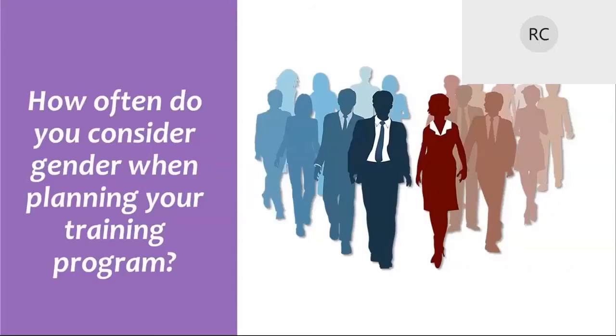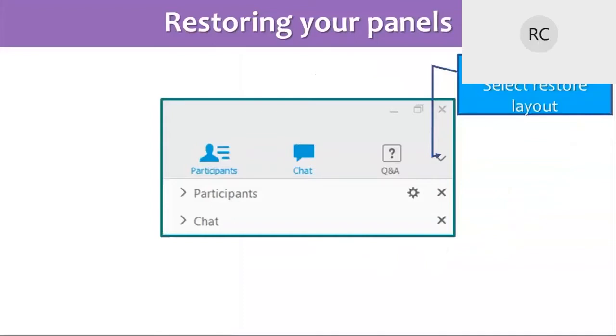So now I think we need to move on to how to restore your panel. I'm going to share with you how to restore your panel. Depending on the device you're using, there are two options for restoring your panel so that you can go back to chat. Let's look at the first option. Go to the right-hand side of your screen, after the presentation, and you will see participants, maybe chat and Q&A.